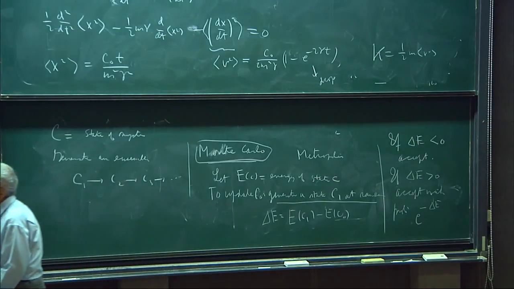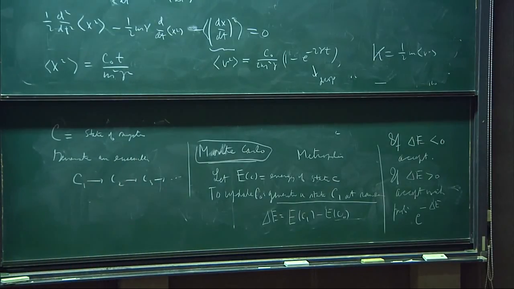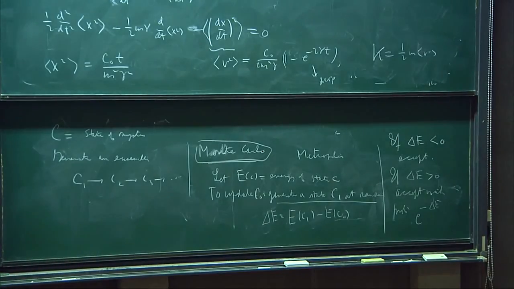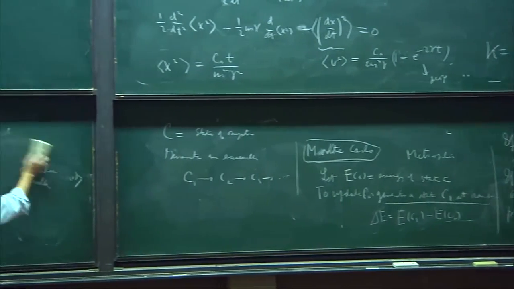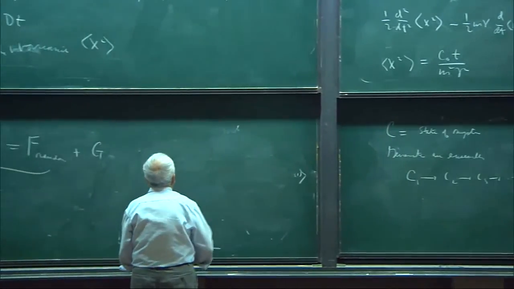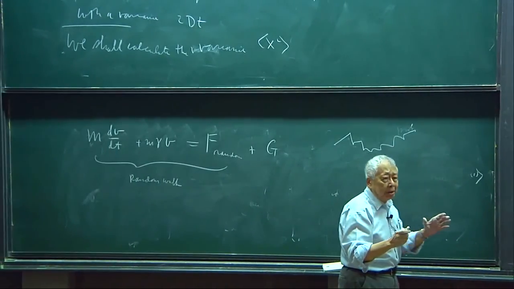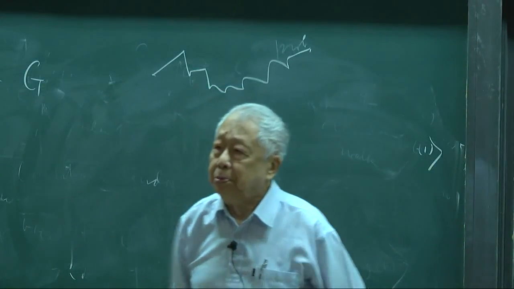I have applied this to a model of protein folding. You take a protein as a long chain molecule. It's not a particle, it's a chain. You put it into water, and it performs Brownian motion.